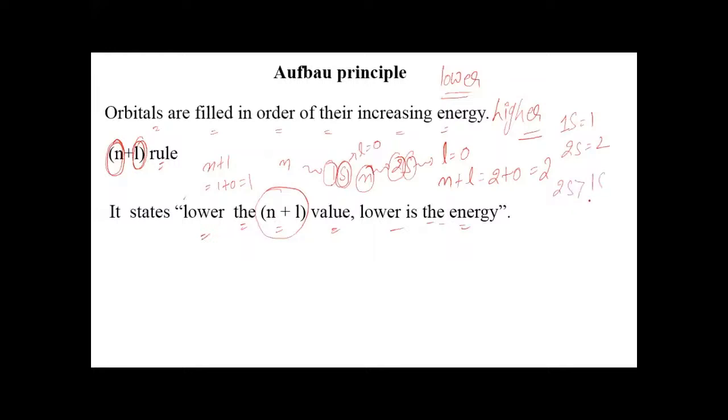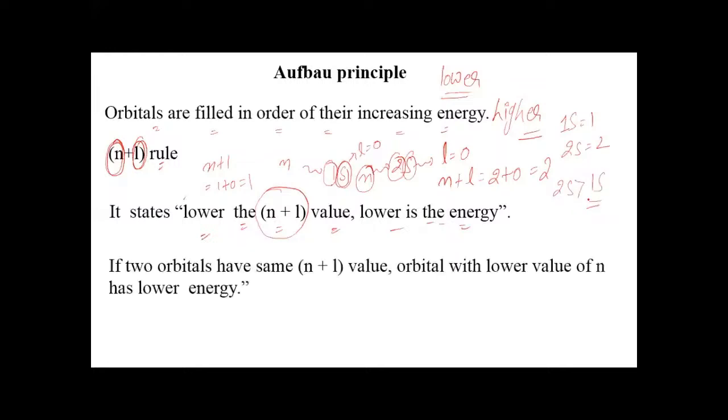Okay, here if two orbitals have the same n plus l value, the orbital with lower value of n has lower energy. For example, 3s and 2p.